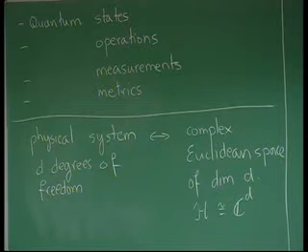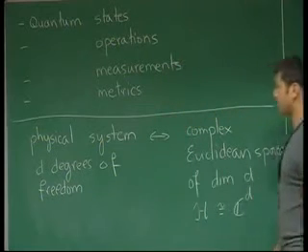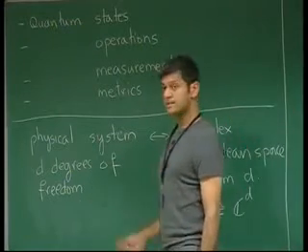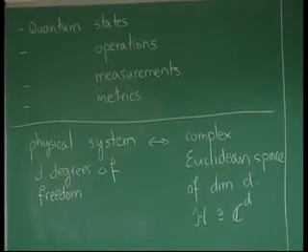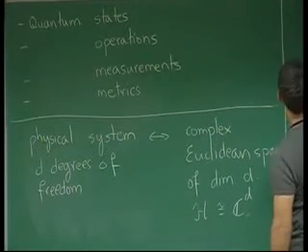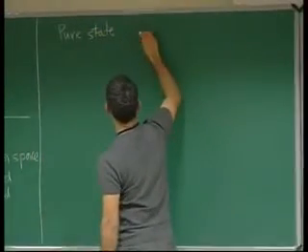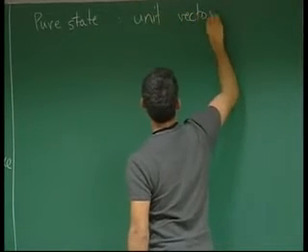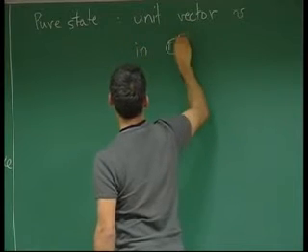Now, any particular state of this physical system, as you've seen so far, is a superposition of these d possibilities, right? So that particular kind of state is known as a pure state. A pure state is a unit vector, let's say v, in C to the d.